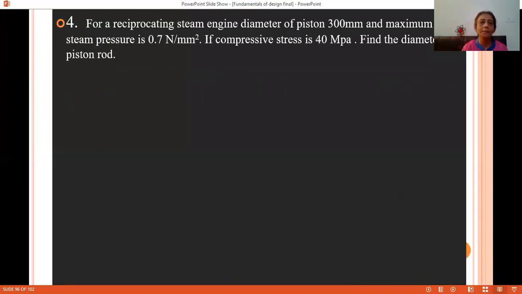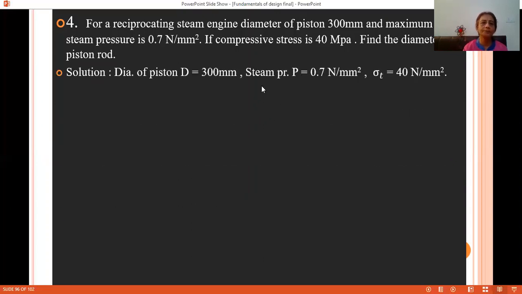Next, another simple question is for a reciprocating steam engine, and the diameter of the piston is 300 mm. Steam pressure is 0.7 Newton per mm square. If compressive stress is 40 megapascal, we need to find the diameter of the piston rod.